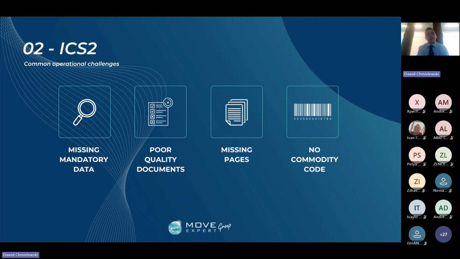As for poor quality documents, well, that is self-explanatory. Quite often people are making ICS2 together with an export declaration, which is a no-brainer really. But the document we are being provided with is transit T1 or T2.